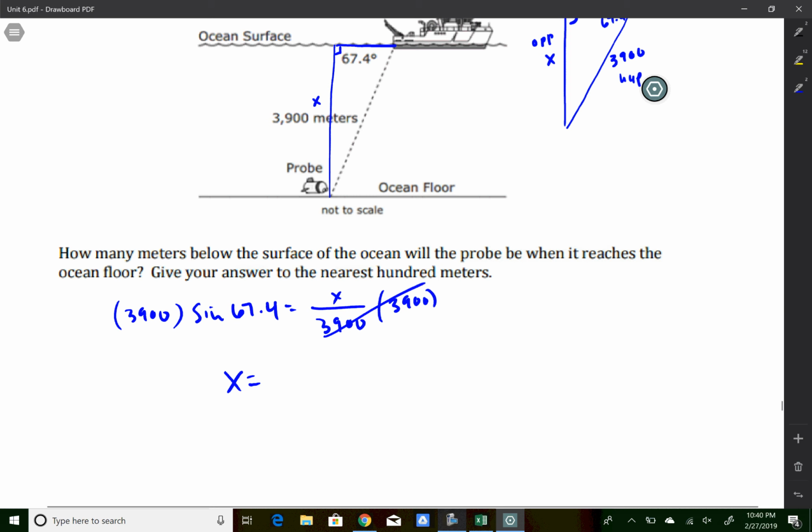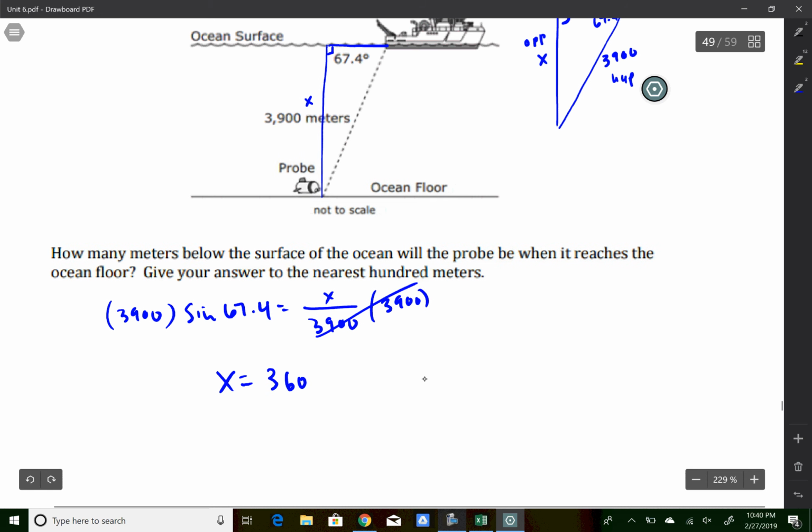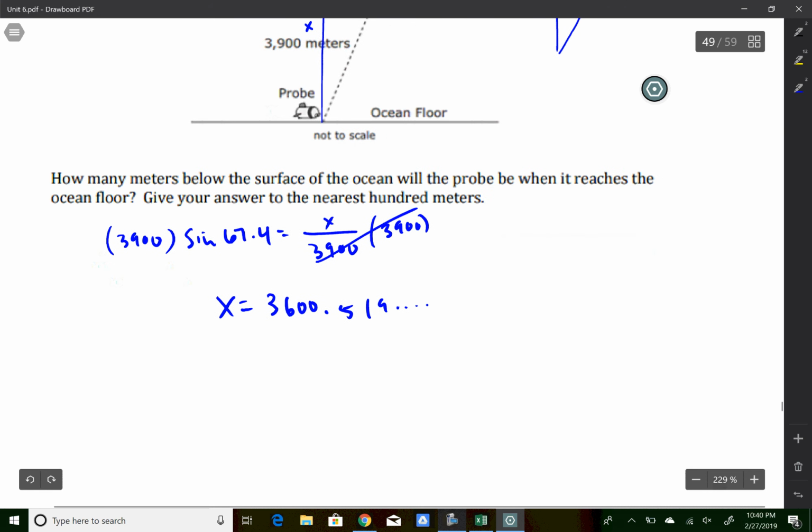And this wants us to round to the nearest 100 meters. So we get 3,600.519. To round to the nearest 100 meters, I could either round to 3,600 or 3,700. Well, this is way closer to 3,600. So my answer here is approximately 3,600 meters.